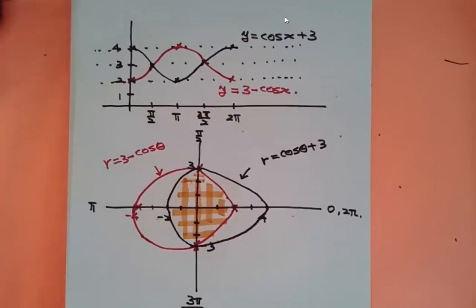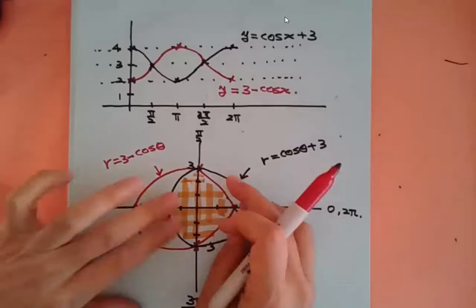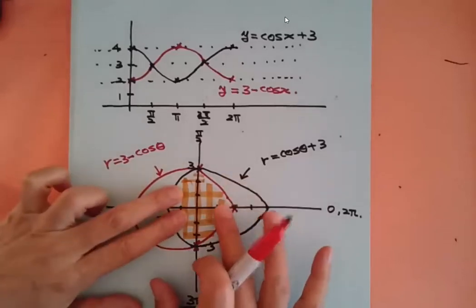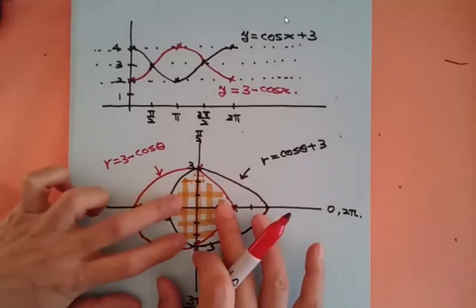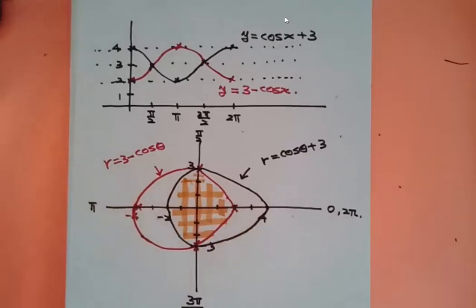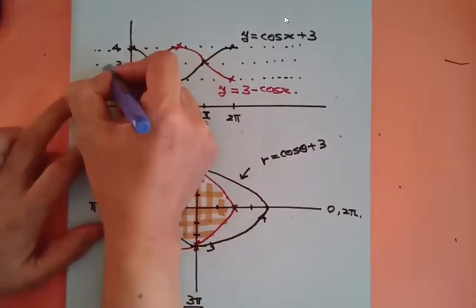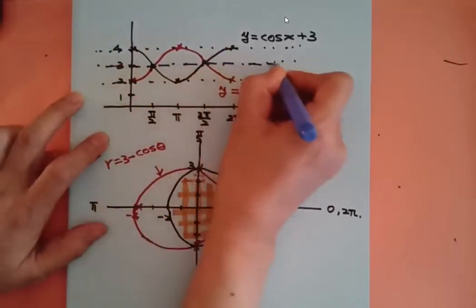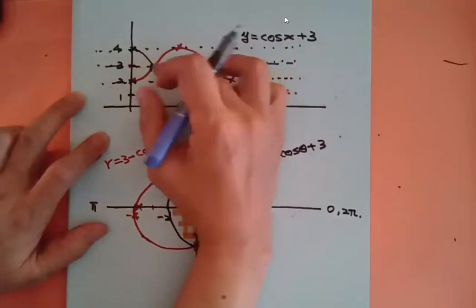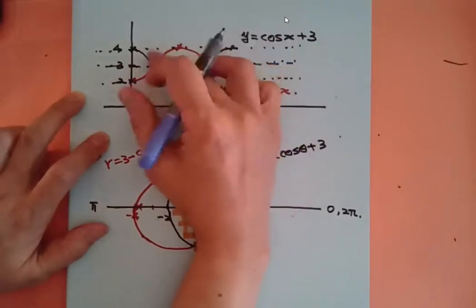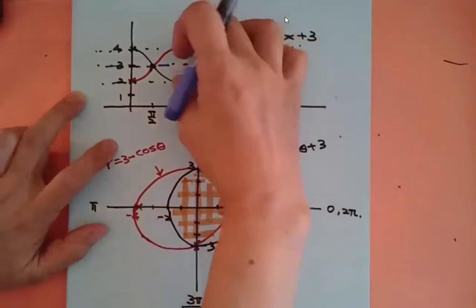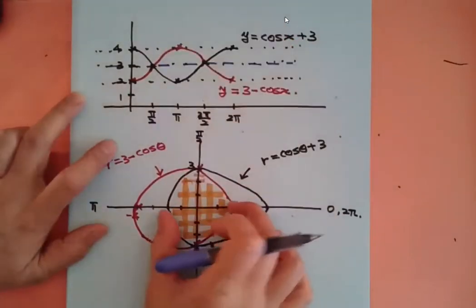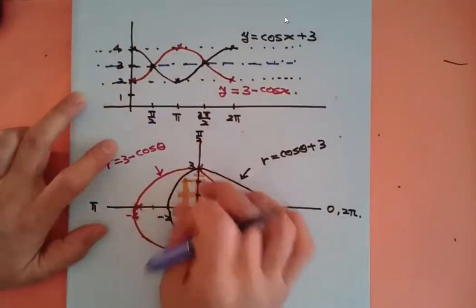So from here, what you can see is this side and right side are symmetric. If you look at the graph, the black graph and red graph are symmetric, right? And when we transfer that to the polar coordinate, those will be symmetric again.